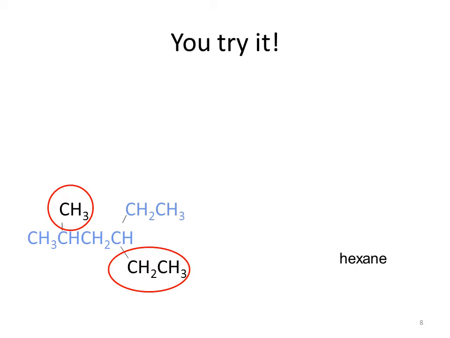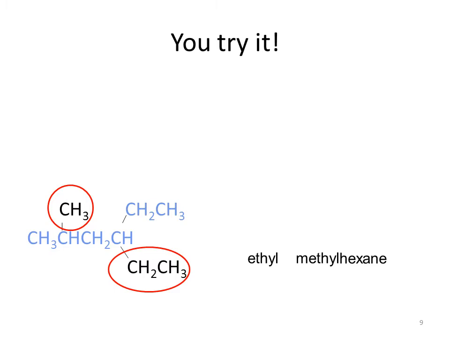So I'm going to name the longest chain hexane because there are 6 carbons in the longest chain, and now I'm going to put on my substituents. My substituents are an ethyl and a methyl. I put the ethyl first because ethyl comes before methyl in the alphabet. Now I number.